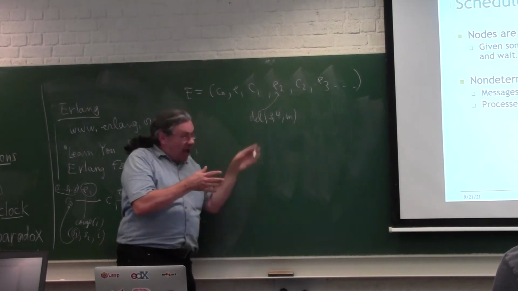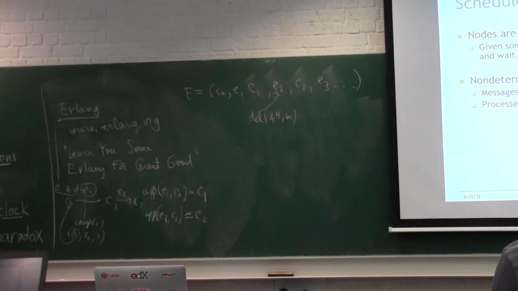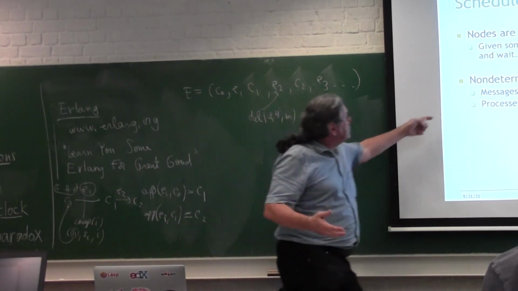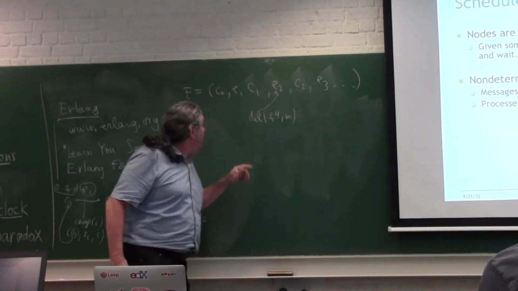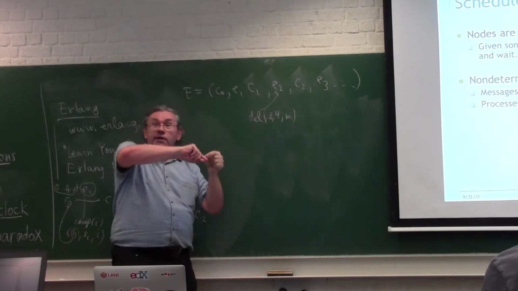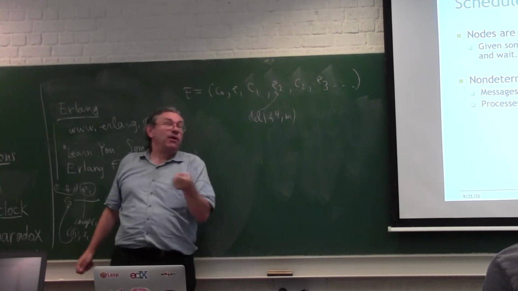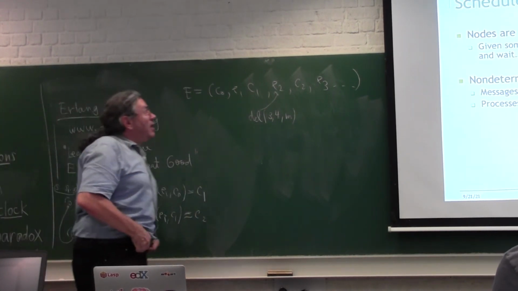A message, I put it in the out buff, maybe it stays a long time in the out buff, and then I do del. So the del doesn't have to be done right away. Messages take arbitrary time, and what that means is that the del, which is what transfers the message, doesn't have to be done right away. It could happen a long time later.